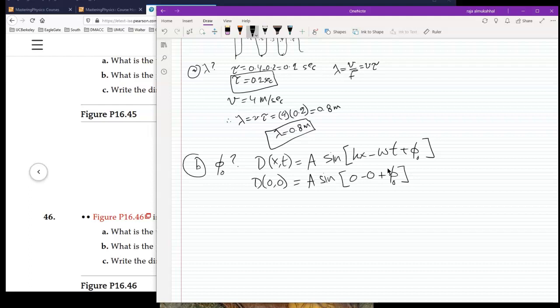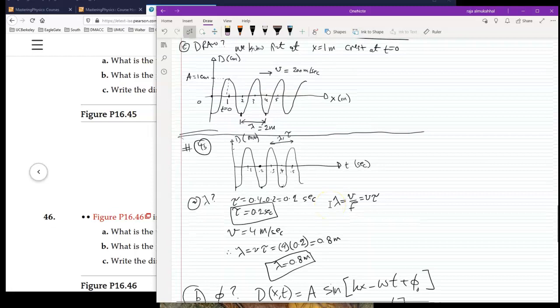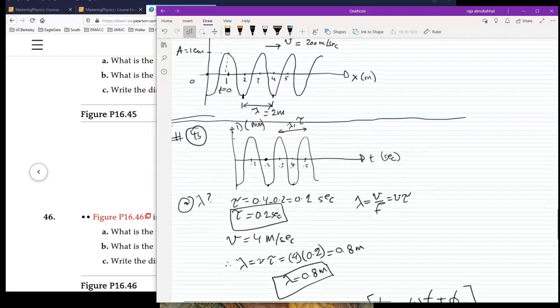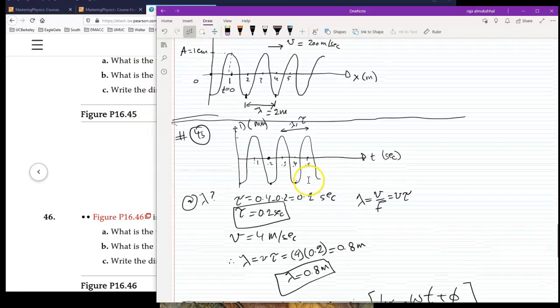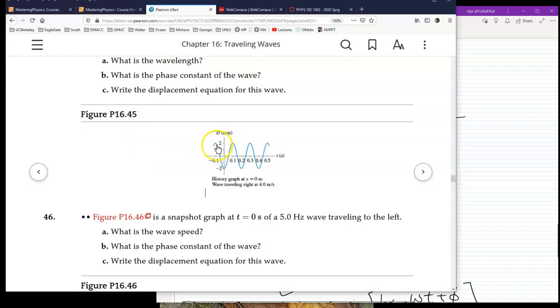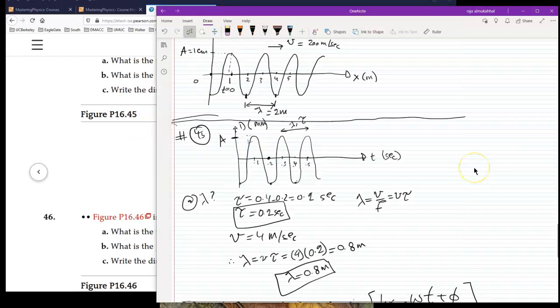Okay. Now let's look at the graph. So this is important. Here is the graph that we have right there. What is the value of the amplitude? Well, the amplitude is right there. And if you look at the graph, it's 2 millimeter.